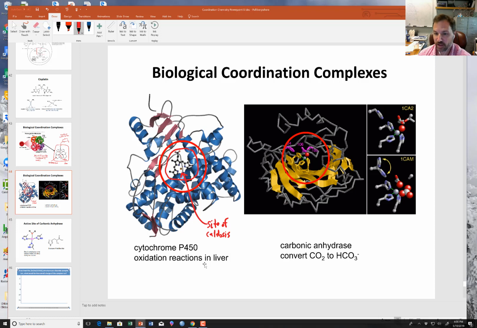Another example is carbonic anhydrase. So here again is a three-dimensional representation of the carbonic anhydrase protein. And again, in the very center of this protein is a metal site where the metal is coordinated to different amino acids. And so here we can see this is a zinc ion.